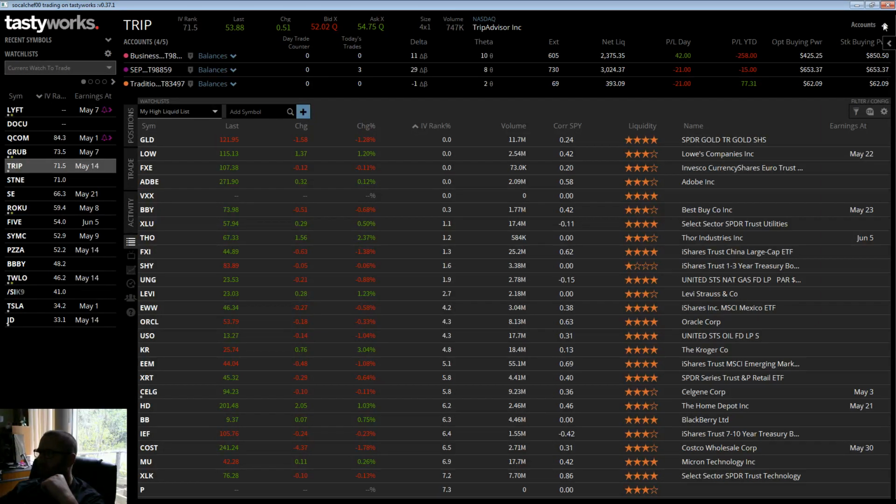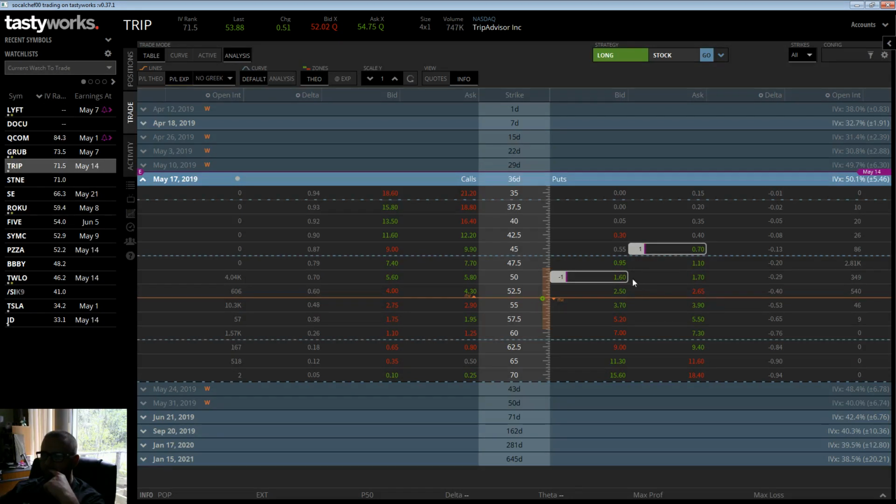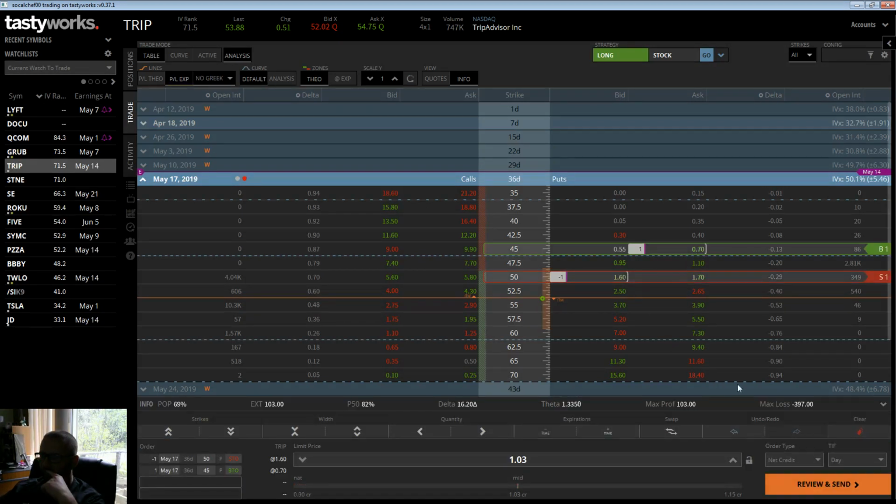I checked it the other day. Like this trade right here, this is all I need. It's $397 in a margin account. But if this was a cash account, I think it's double or more. So you can do some defined risks in a cash account, but I don't recommend it. A margin account all the way.